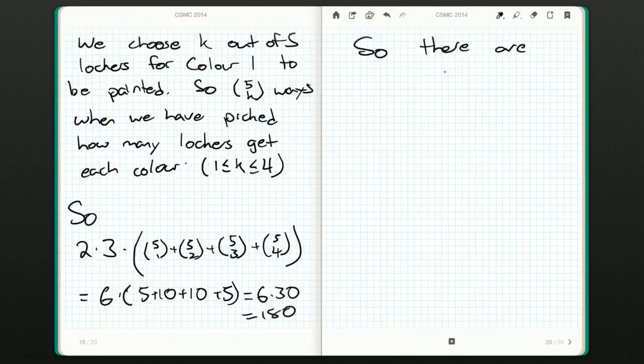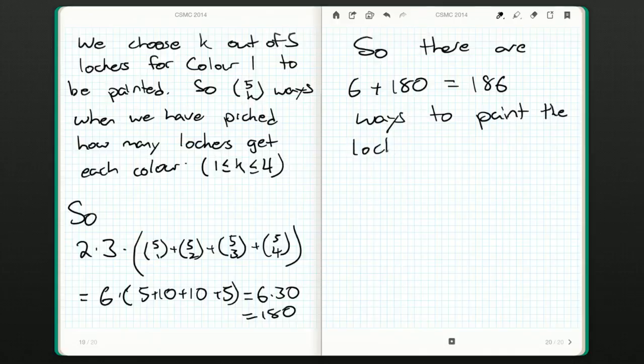And let's not forget our 6 original, if we just use 2 colors. So there's 6 plus 180, which is equal to 186 ways to paint the lockers.